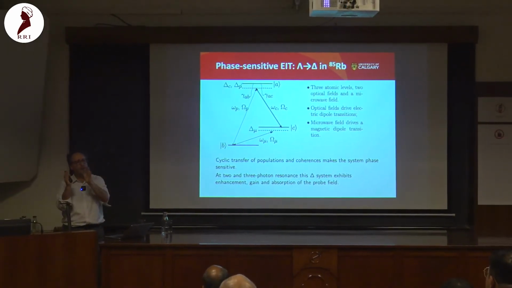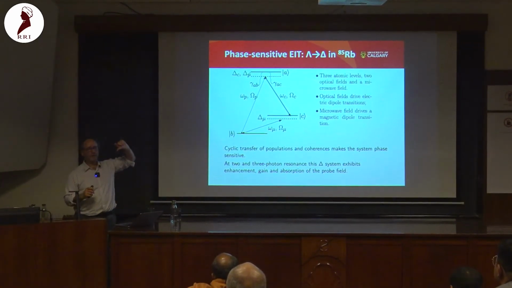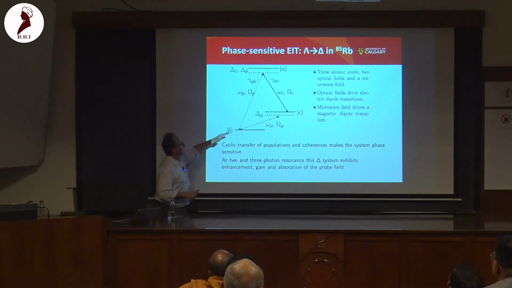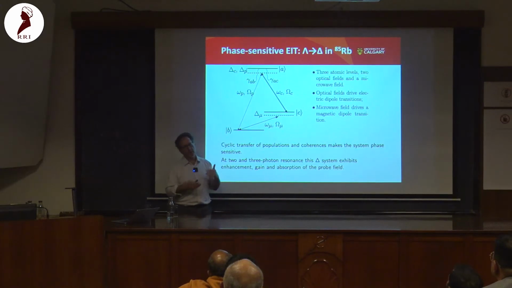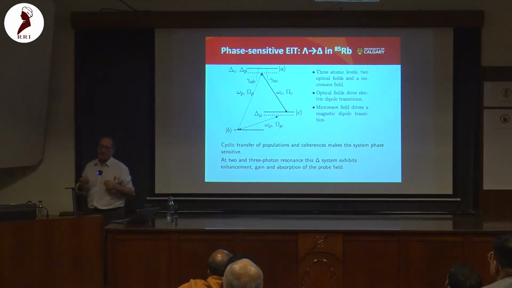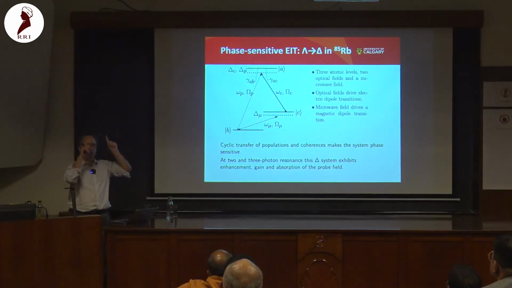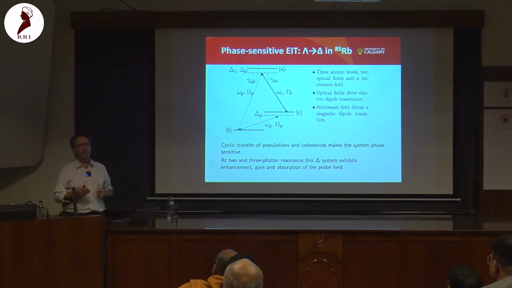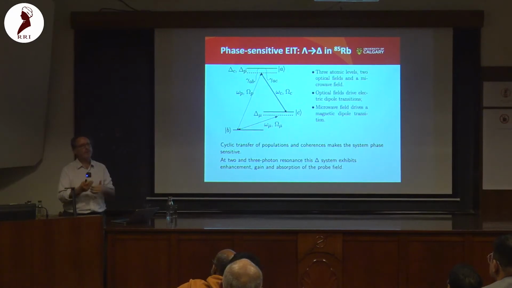If you switch to a different basis, you find that a superposition of these two levels is what's called dark. So, too much to explain, but there's no population inversion, but there's a whole area of quantum optics known as coherent population trapping. And that's what goes on. It kind of drives the coherence and prevents some transition from taking place.